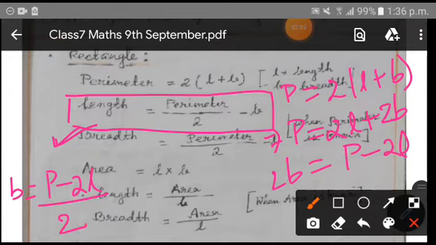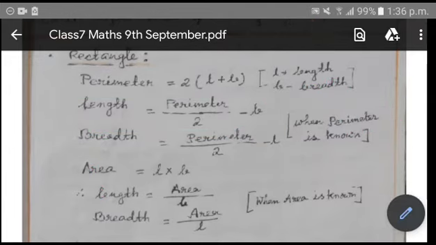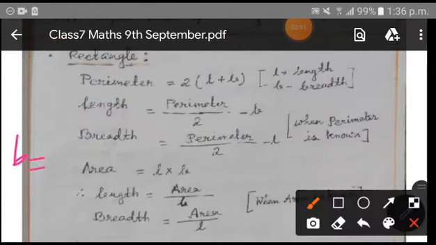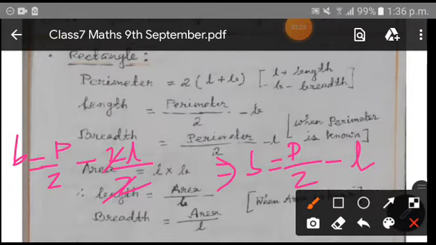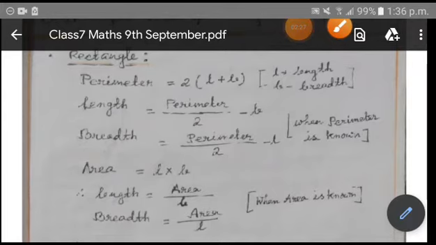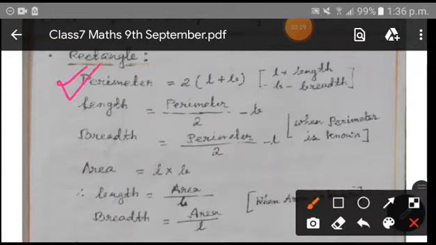Now you can individually separate and write that B equals P by 2 minus 2L by 2. Now this 2 and 2 get cancelled, and you have B equals P by 2 minus L. Right? So in this way you are finding out the length and the breadth in terms of the perimeter. So this is all about the perimeter of a rectangle.